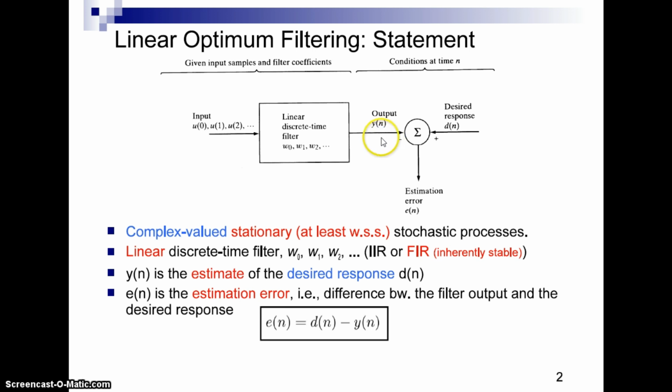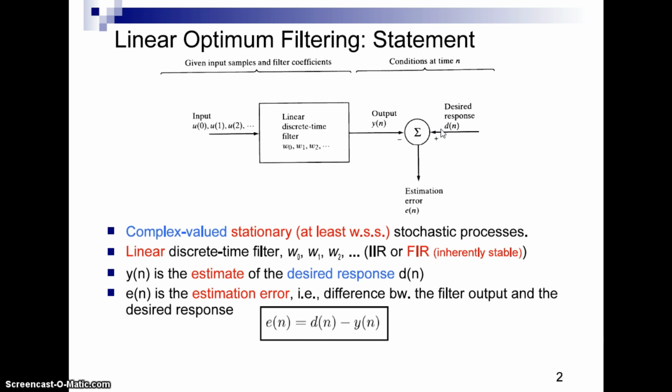Here, small n is some discrete time n. This output is used to provide an estimate of a desired response designated by d of n, with the filter input and the desired response representing single realizations of respective stochastic processes.